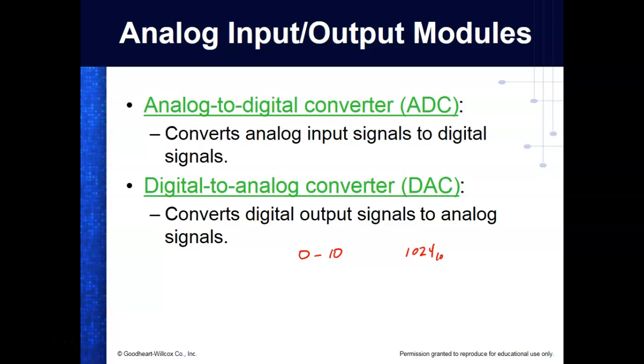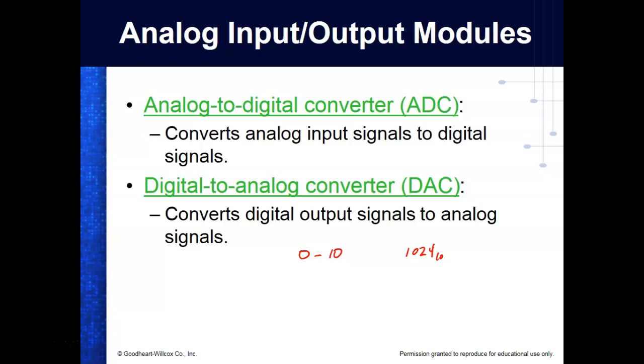The digital to analog converter would do the same thing. So if it had 0 to 10 volts, by the way, which is very common for analog inputs and analog outputs on PLCs, very common. So on the analog output, it would put a binary number in there from 0 to 1,023. So that's the number of combinations.